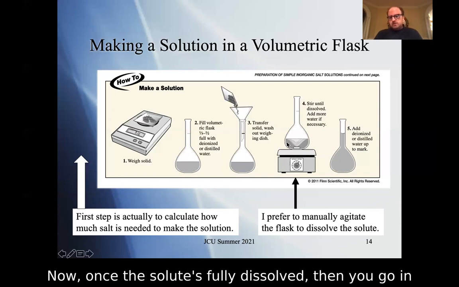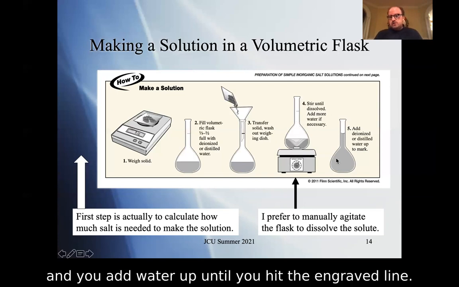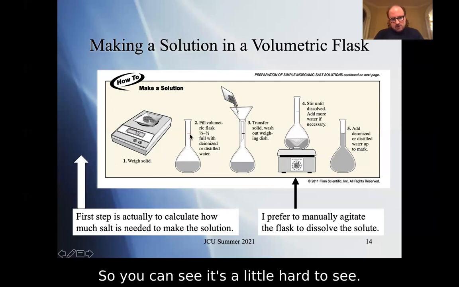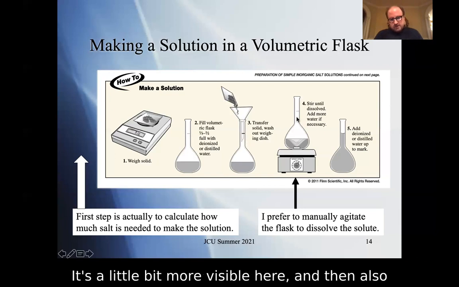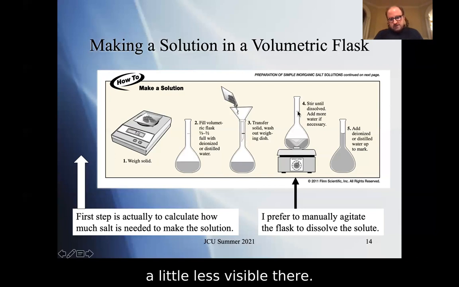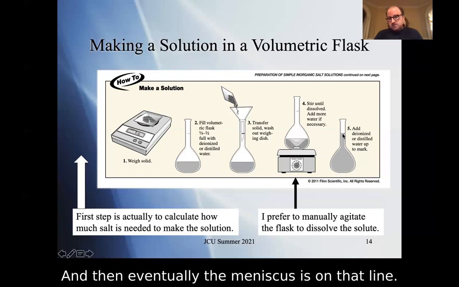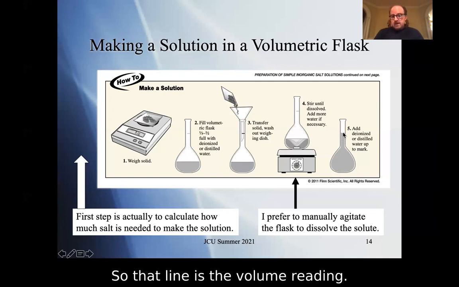Now, once the solute's fully dissolved, then you go in and you add water up until you hit the engraved line. It's a little hard to see, but they do indicate this little thin line there. It's a little bit more visible here, and then also a little less visible there, and then eventually the meniscus is on that line, right? So that line is the volume reading.